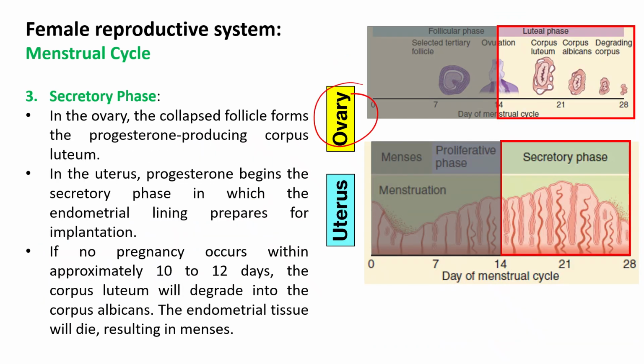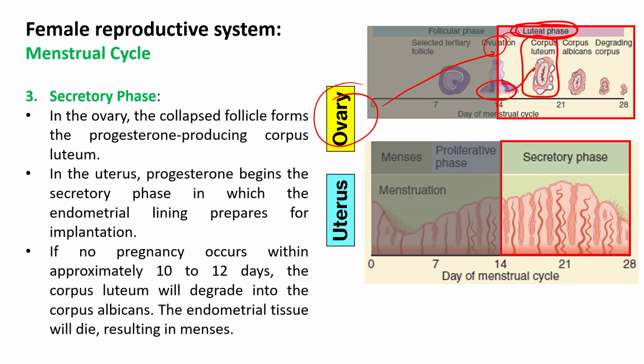In the ovary, after ovulation occurs, is when we start talking about the luteal phase. The luteal phase is the phase that occurs in the ovary after ovulation. What remains from the tertiary follicle is now called the corpus luteum. So basically the corpus luteum is a tertiary follicle without the egg.